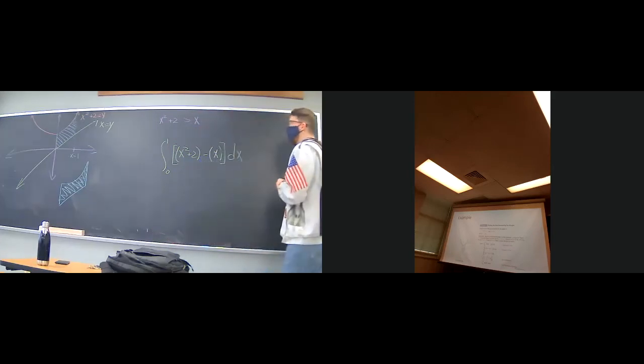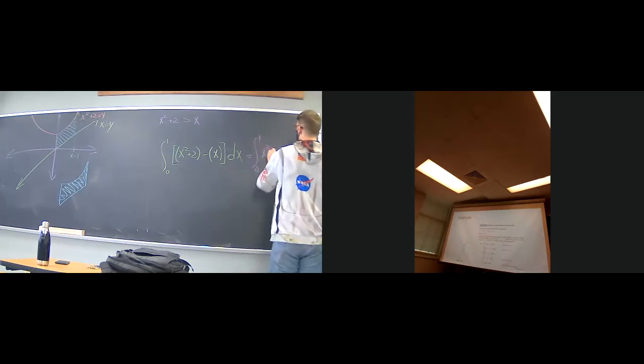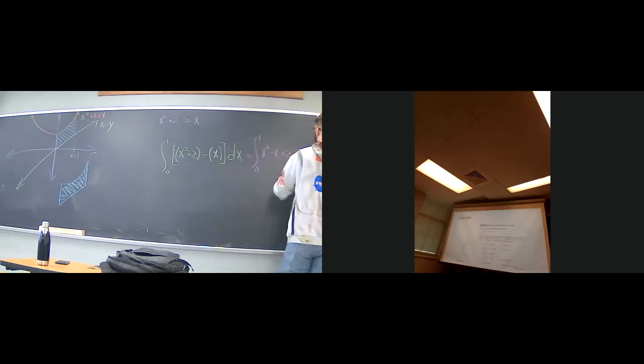So because of this, our integral is going to be from 0 to 1, my mistake, of x squared plus 2 minus x integrated with respect to x. So we're going to rewrite this as the integral from 0 to 1 of x squared minus x plus 2 dx.